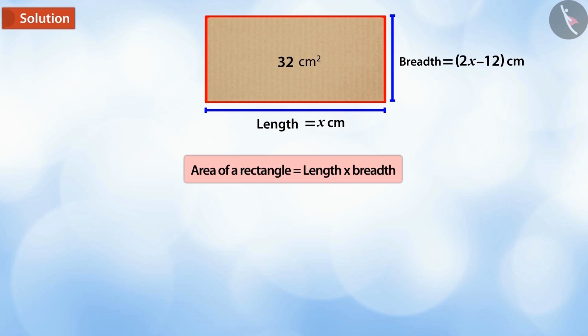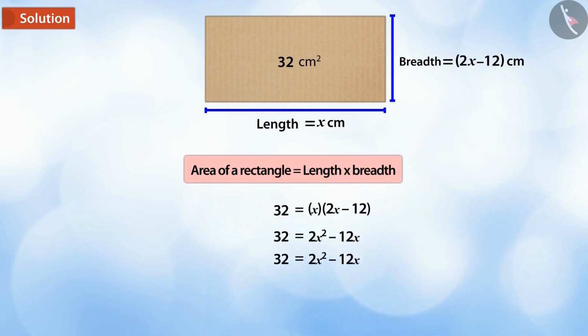Here, the area of the box is 32 square centimeters. Putting all the above values in the formula of area, we get 2x squared minus 12x minus 32 is equal to 0. Can you find the value of x from this quadratic equation?